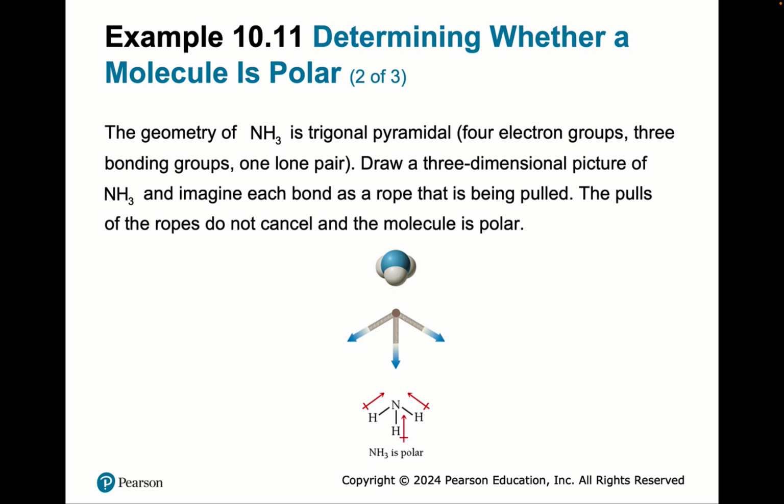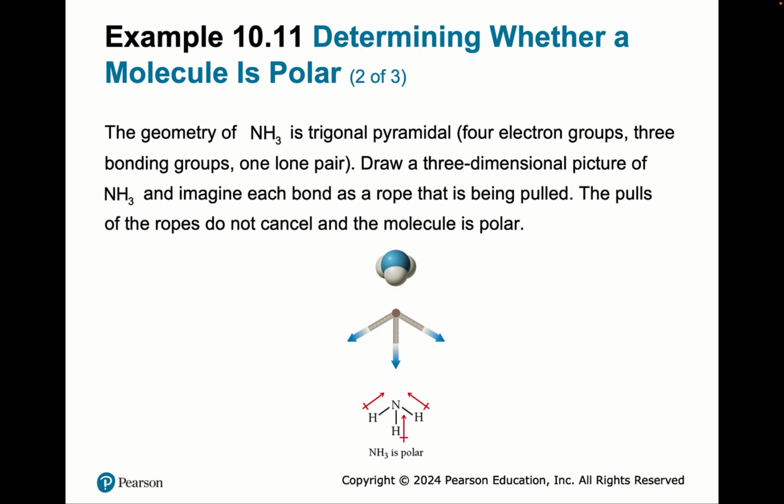And some hints here. All bent and all pyramidal molecules are polar, no exceptions, even if they're the same atom. So ozone, 3 oxygens, is a bent molecule, and that's a polar molecule. So no exceptions to bent and pyramids being polar.